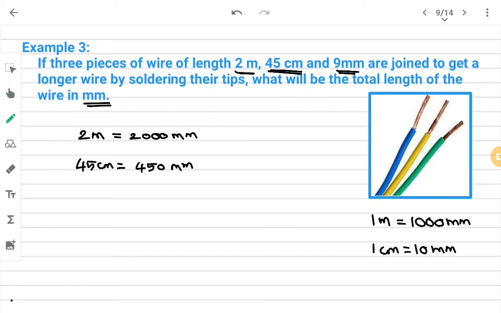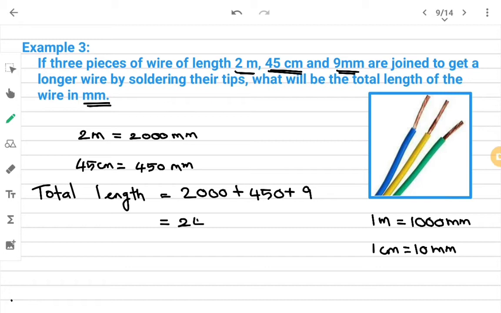Okay, now the total length is equal to, you are going to add all these, right? 2000 plus 450 plus 9. So you will get 2459 meter.